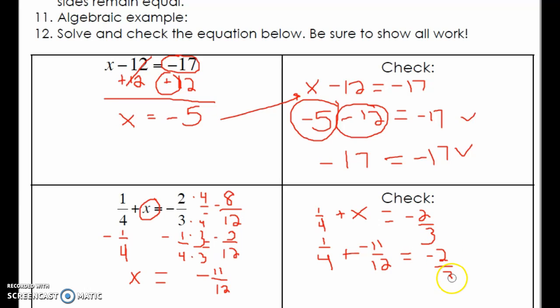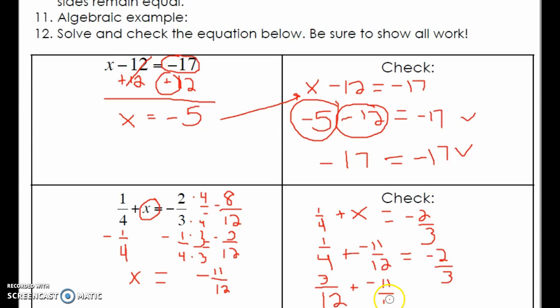Don't you dare put a check mark here without actually doing it. Now I know I can't add 4 and 12 because our denominators have to be the same. You can't add unlike terms. So I'm going to make 4 a 12. I make 4 a 12 by multiplying it by 3. That means I have to multiply the numerator by 3. That's a 3.